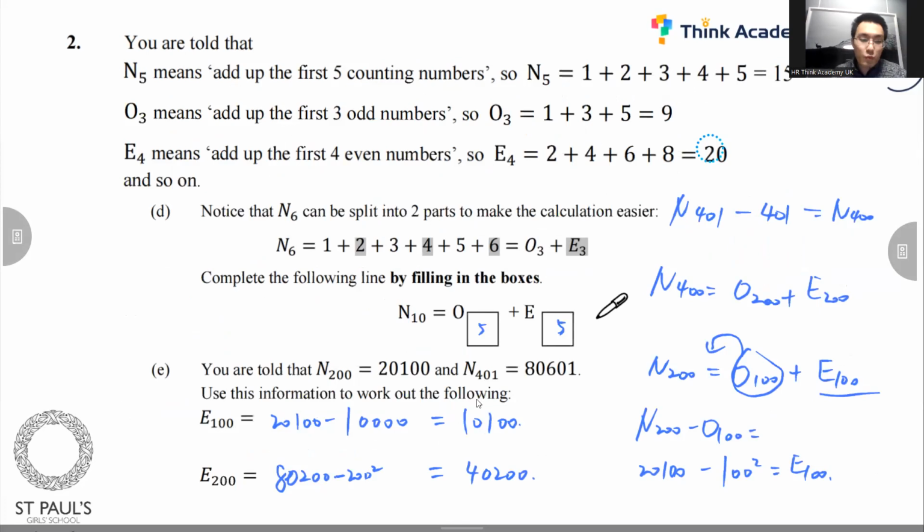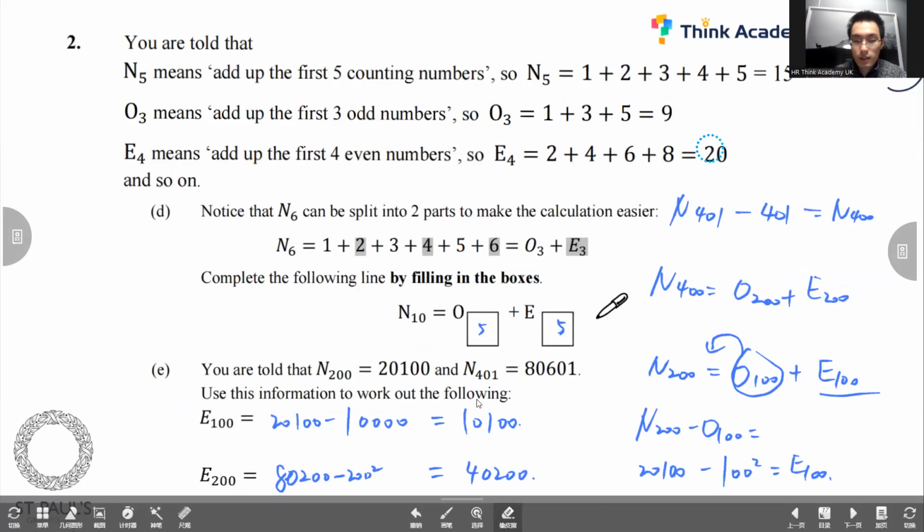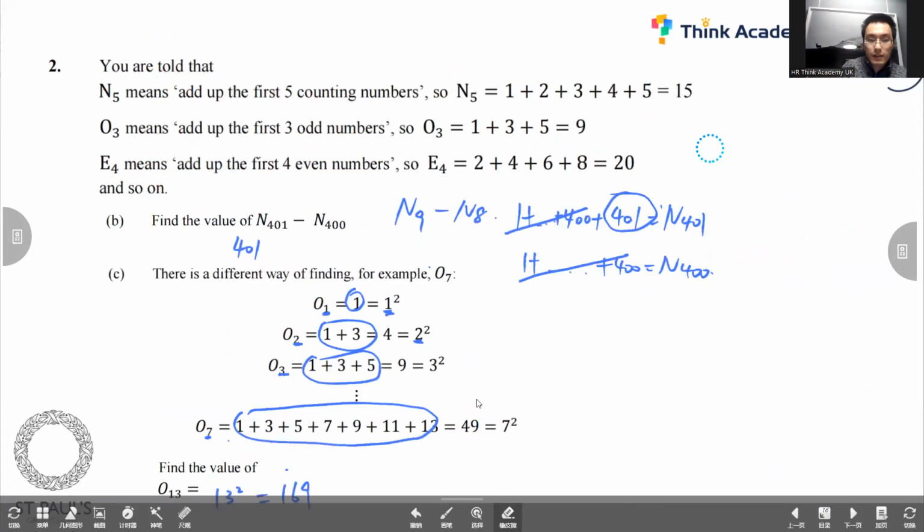So the reason why we can solve 2E real quick is because the question is actually preparing us to solve this question E using the previous questions. In the previous one, question B, find the value of N401 minus N400. That tells us the difference between N401 and N400 is just 401. And then question C tells us we can find the value of O something quickly by just taking the number on the bottom right and squaring it.